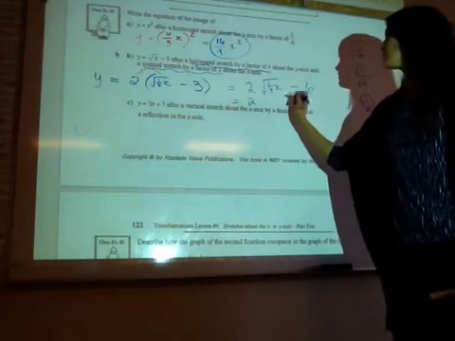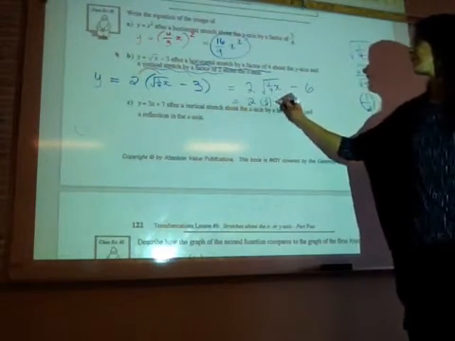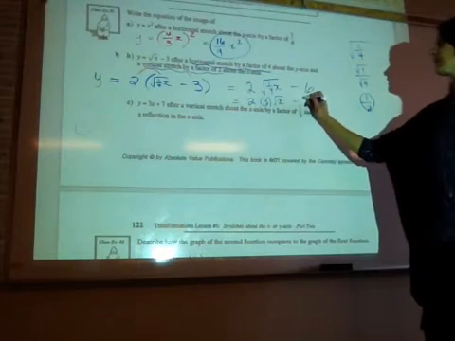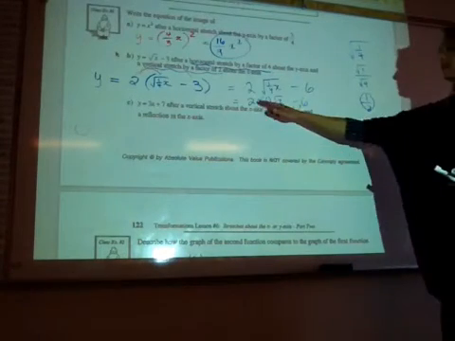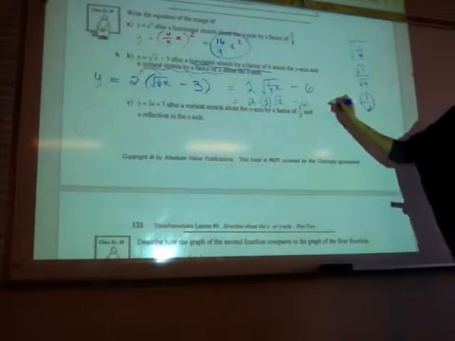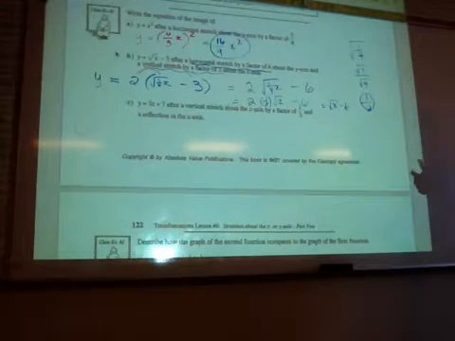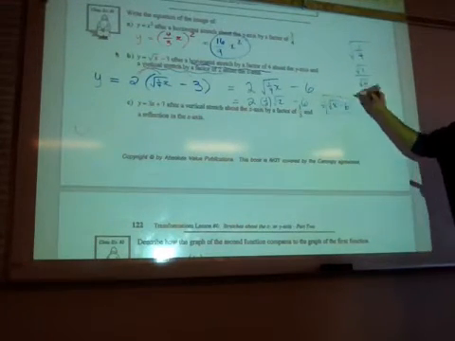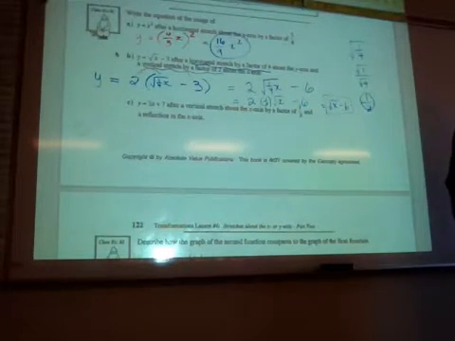So we get 2, and then the square root of 1/4 became a half, and then we still have the square root of x minus 6. So 2 times a half is just 1, and we're left with the square root of x minus 6. So if you can simplify anything, make sure you're doing it.